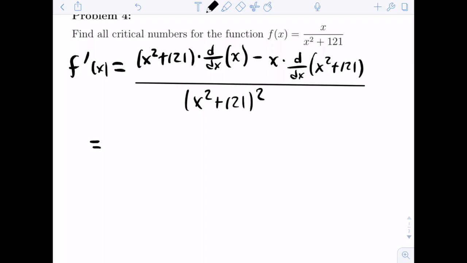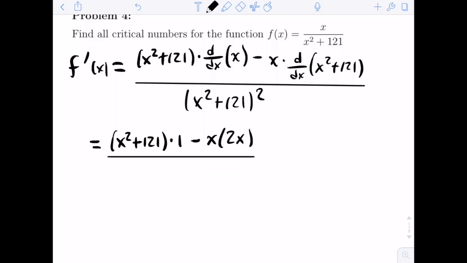So let's figure out what these derivatives are. We've got x squared plus 121 here. The derivative of x is just 1, so there's just a 1 there. Then we've got minus x times the derivative of x squared plus 121, which is just 2x, using the power rule. And then the bottom stays the same with the square.